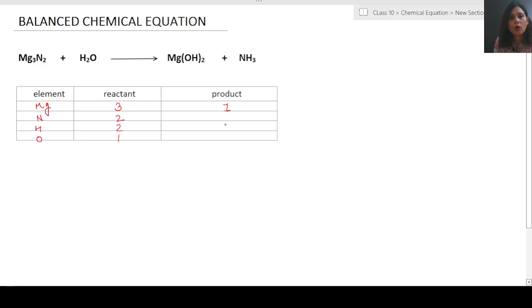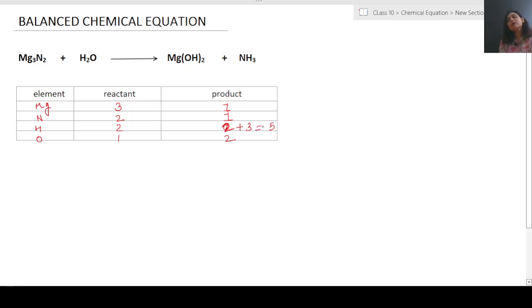So here O is 2, and H is also 2. N is here, at the foot of N nothing is there, so it will become 1. And now at the foot of H 3 is mentioned. Okay, so 2 plus 3, it will become 5.